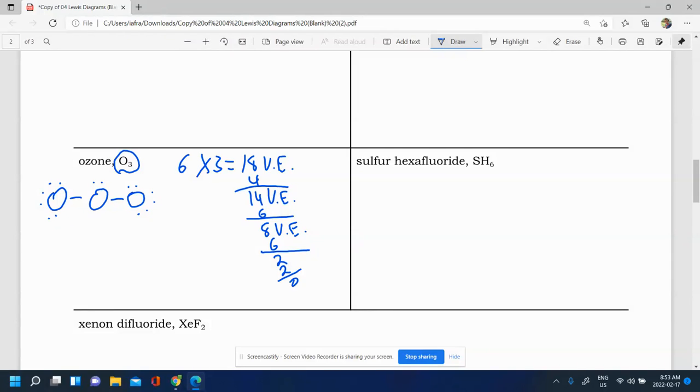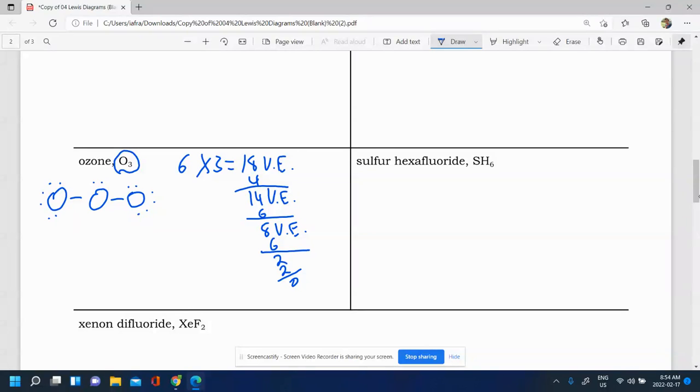As you can see, all the oxygens are pretty happy, except for the one in the middle. The one in the middle still needs another set of electrons to help it complete its octet. Oxygen's not one of the ones that can have an expanded octet, and it's not one of the ones that can have an incomplete octet either. It needs to have a nice stable octet. So we can ask one of the oxygens to help and provide some electrons in a bond.